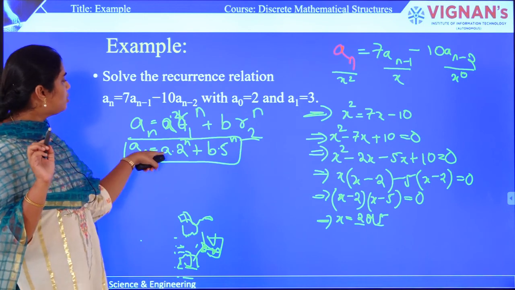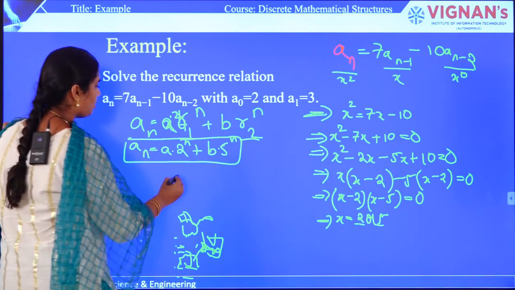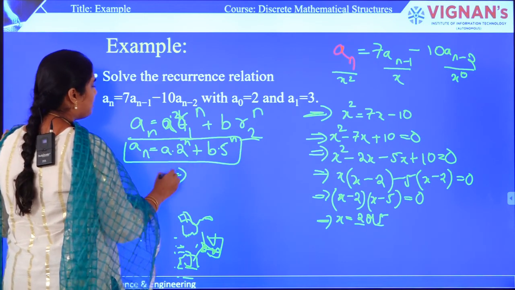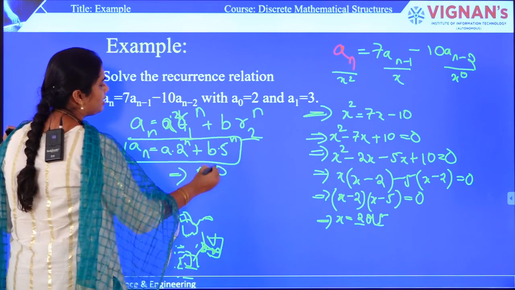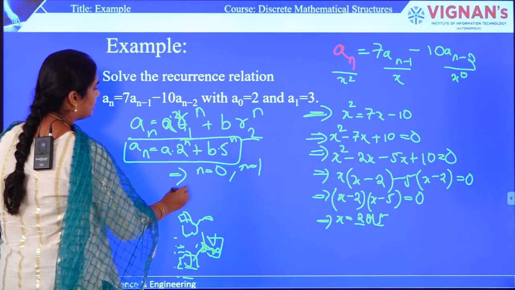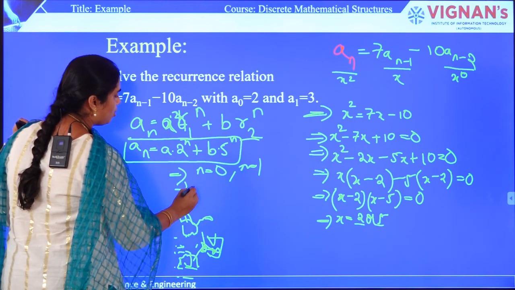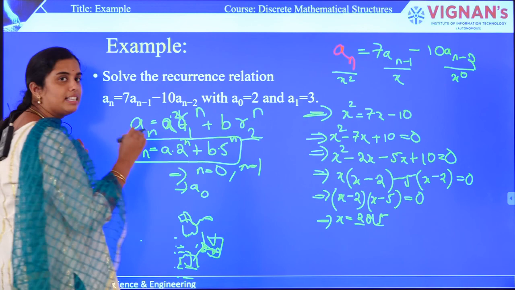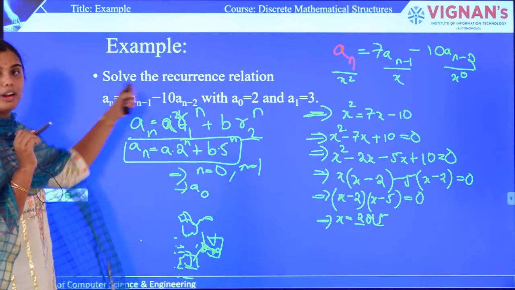Now, in order to solve for a and b, what will we be doing? Let me suppose n = 0 and I will also take n = 1. So, what is n = 0? It will be a_0. So, what is the value of a_0? 2, right?